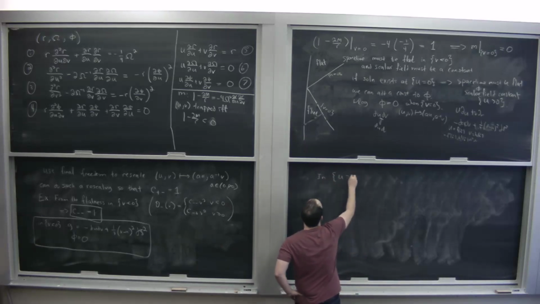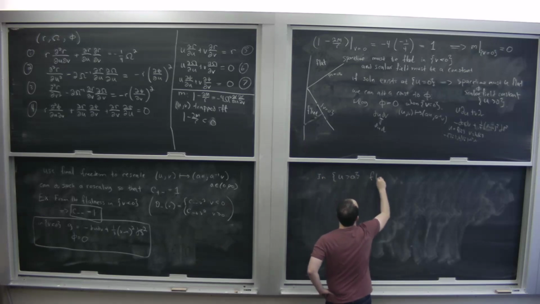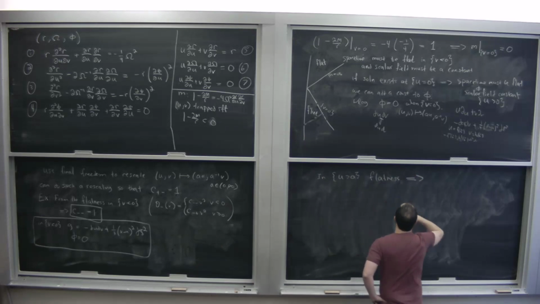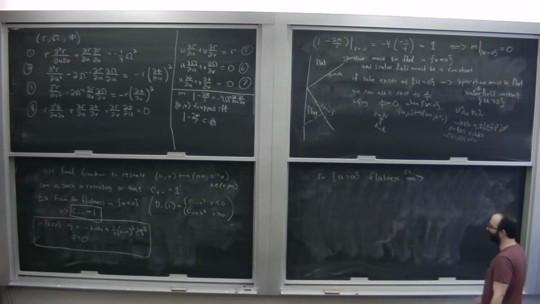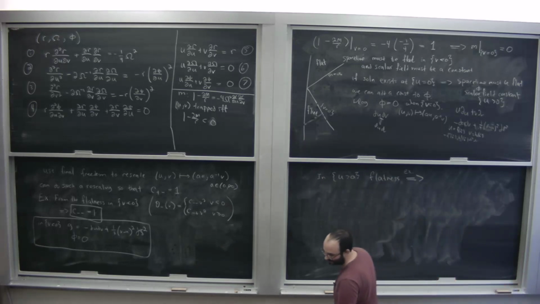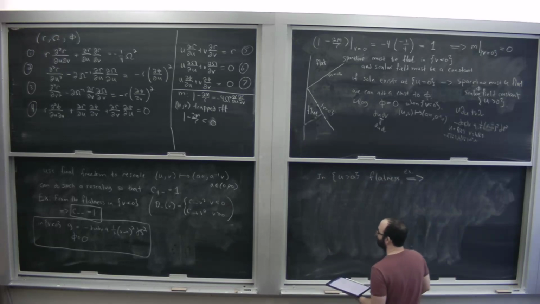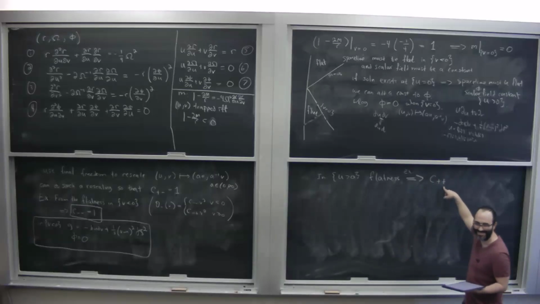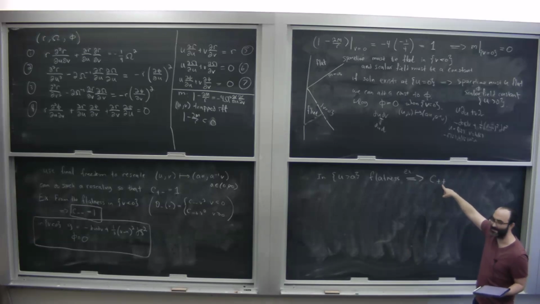So in U greater than 0, flatness will imply the following. If you want, I could put the label exercise on almost everything I say. So C plus plus, that's the coefficient of R squared, the U coefficient of R squared when U is positive.